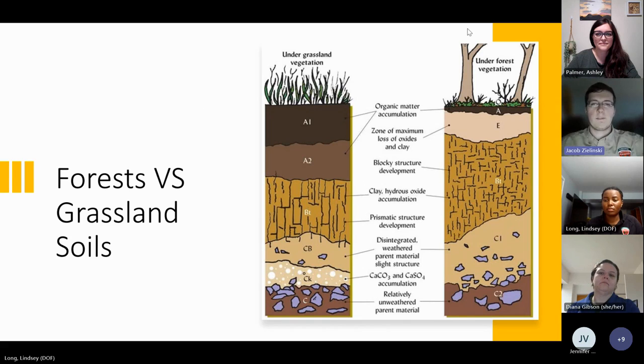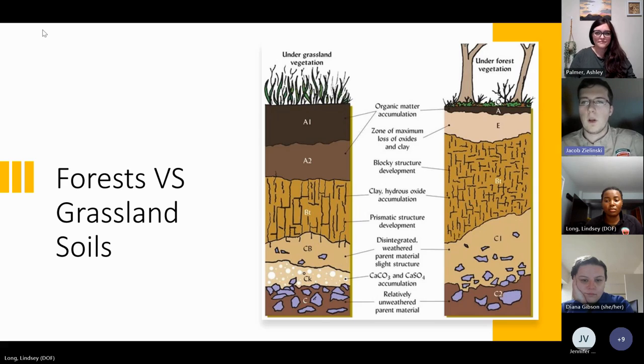That brings us into the difference between forest vegetation, roots and soils versus grassland vegetation, roots and soils. If you look on the right hand there, you'll see the forest land versus the left hand, the grassland. The grassland has that A1 and that A2, and those are the highly organic zones in the soil, versus the forest section has a very small organic zone, but it also has what we call an O section on top, and that's generally going to be a lot of leaves.